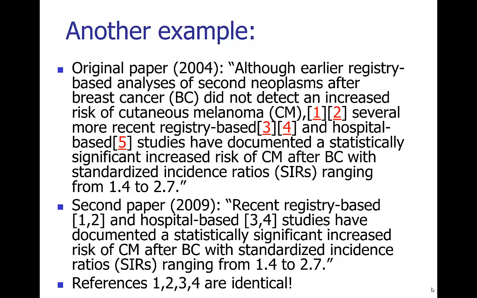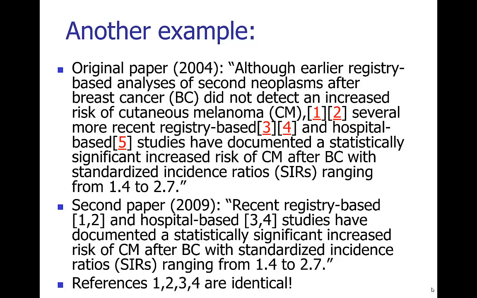So I started to look at the references of the 2009 paper, and their fifth reference, which isn't in this sentence but is referenced in the next sentence. When I got to their fifth reference, I saw the exact same sentence. The original 2004 paper said, although earlier registry-based analyses of second neoplasms after breast cancer did not detect an increased risk, there's a little bit of an introductory clause here, but then we get the exact same sentence.